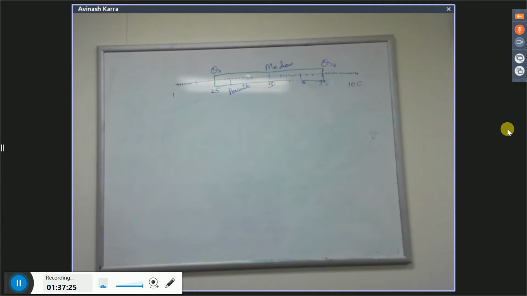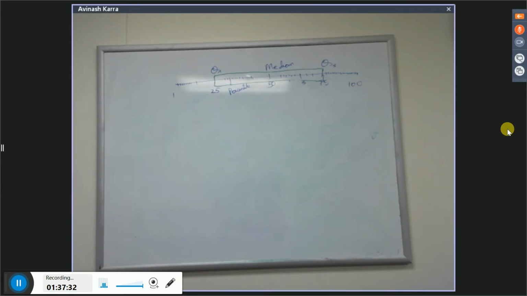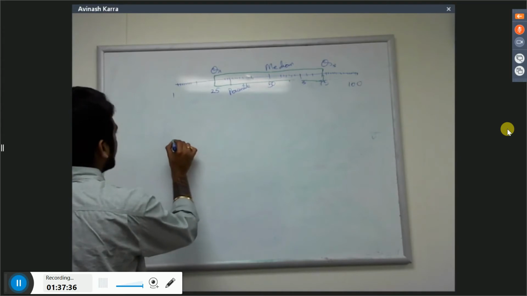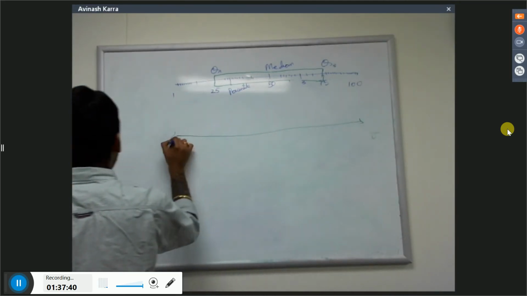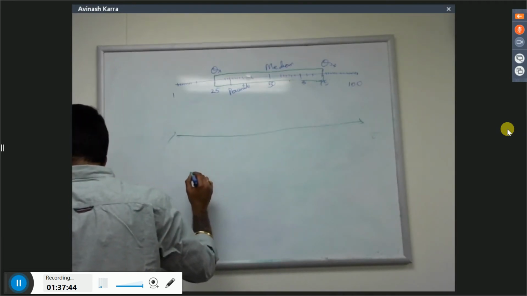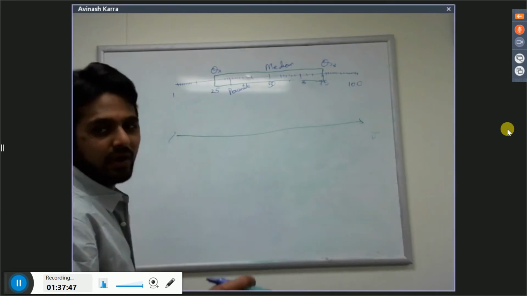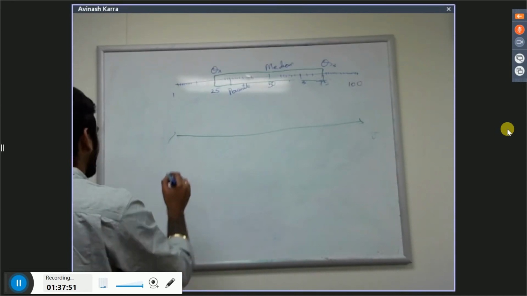So let us take this example. Let us take example 7. That will give you a clear idea. Everyone has a textbook. I mean, it's tough to draw the diagram, it takes time.